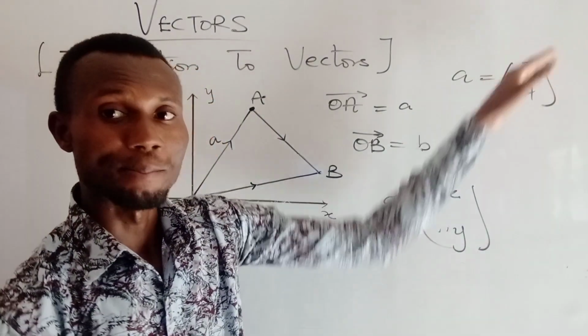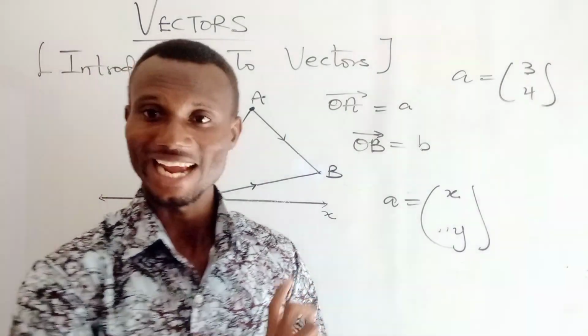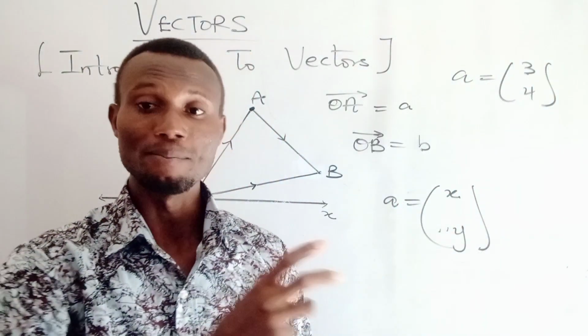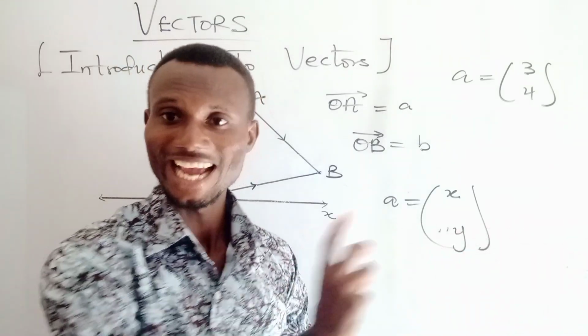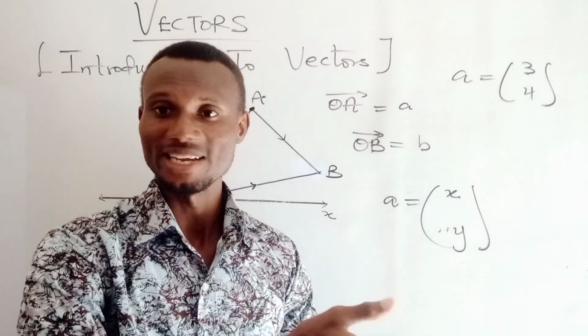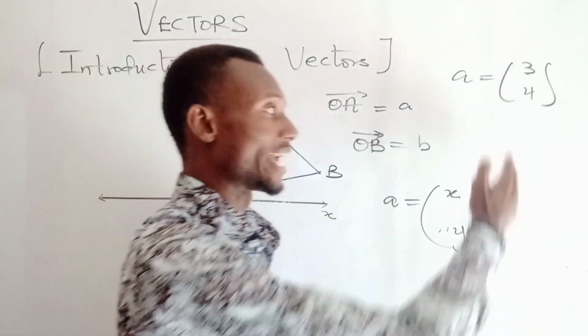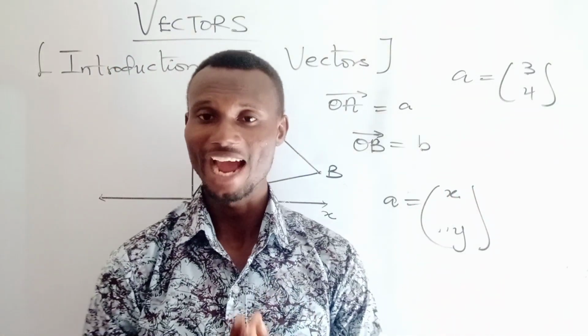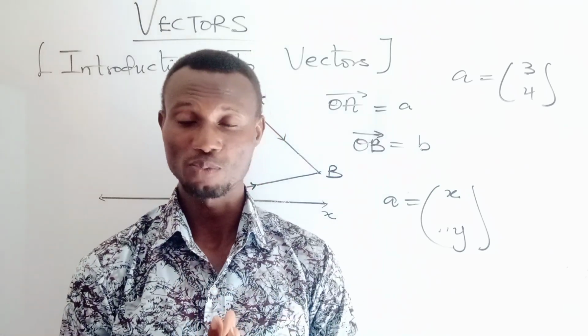So the top number is a measurement along the x-axis, that's the x component. And the bottom number is a measurement along the y-axis, which is the y component. I hope you understand up to this point.